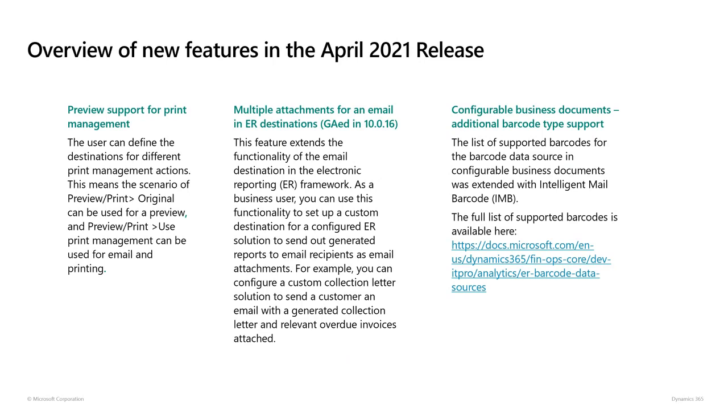Now you can say, for example, for preview, just show it on the screen, and for print, send it over mail and print it to a D365 printer, for example. It's a highly requested feature by customers and partners, and it's available in the April 2021 release.